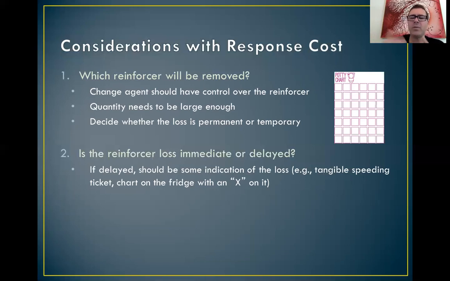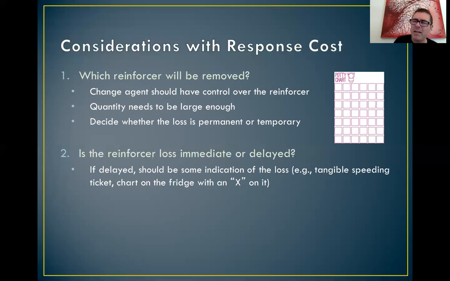In this case, if the response cost is delayed, it only works if your client or your participant or whoever you're dealing with is sophisticated enough to understand the reason why the item is being taken away. Because if the person cannot understand why the item is being taken away, it's okay as long as it is immediate, right?